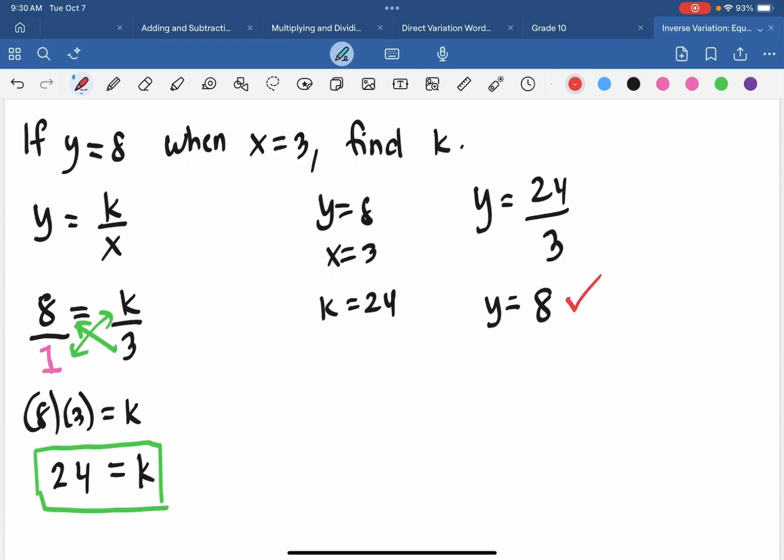Since we know that the value of k is 24, we can now write our equation. So our equation is written as y equals 24 over x.